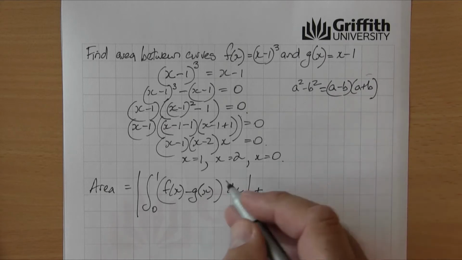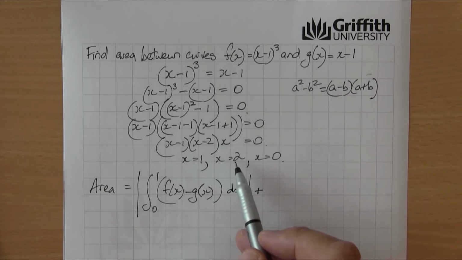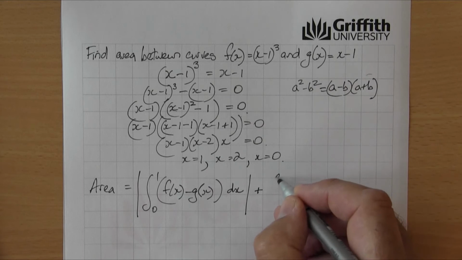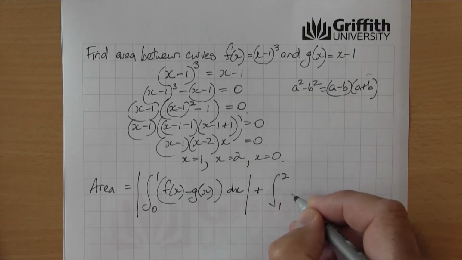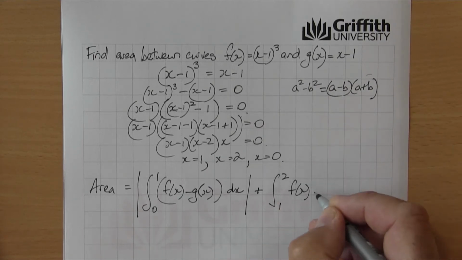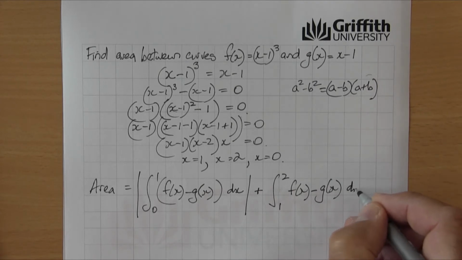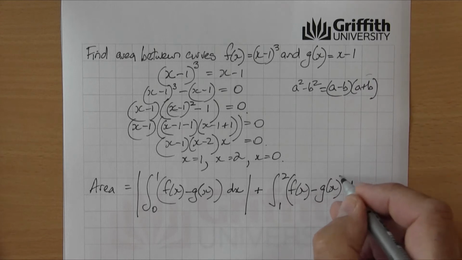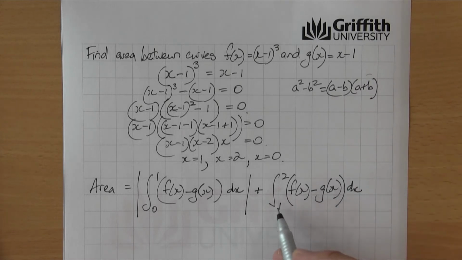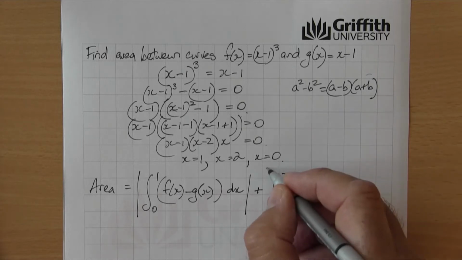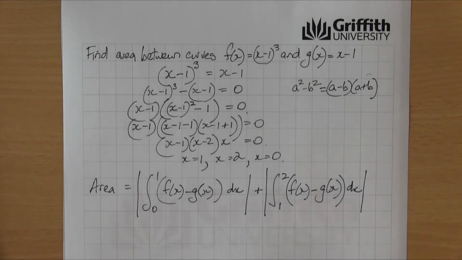Plus, likewise, between the region of 1 and 2, the integral between 1 and 2 of f(x) − g(x), keeping them in the same order. Once again, in this region we don't know which function will have the greater value, either f(x) or g(x), so we'll take the absolute value of that as well. Alright, so they're in the same order.